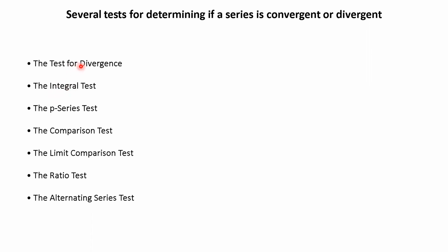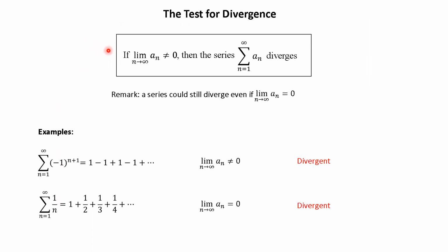The first one is known as the test for divergence. I would say this is the easiest to use, but it won't be so useful for many of the cases.